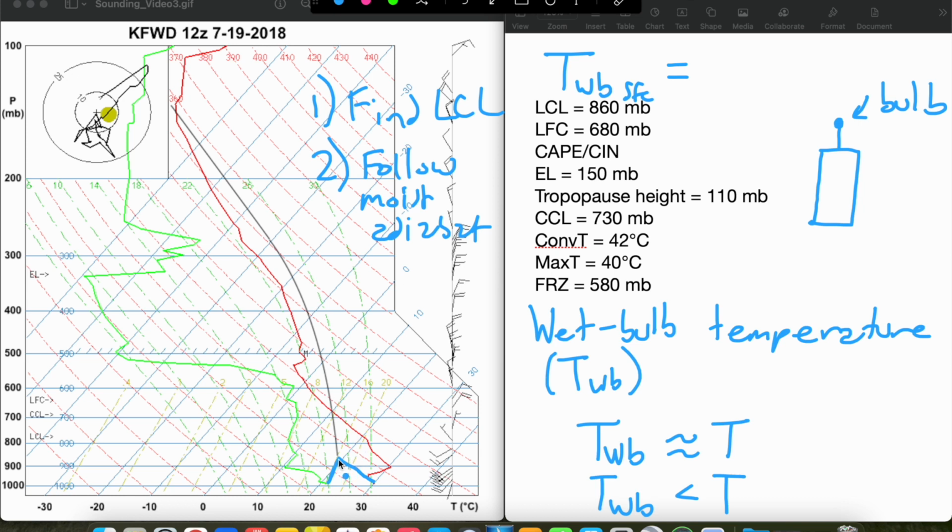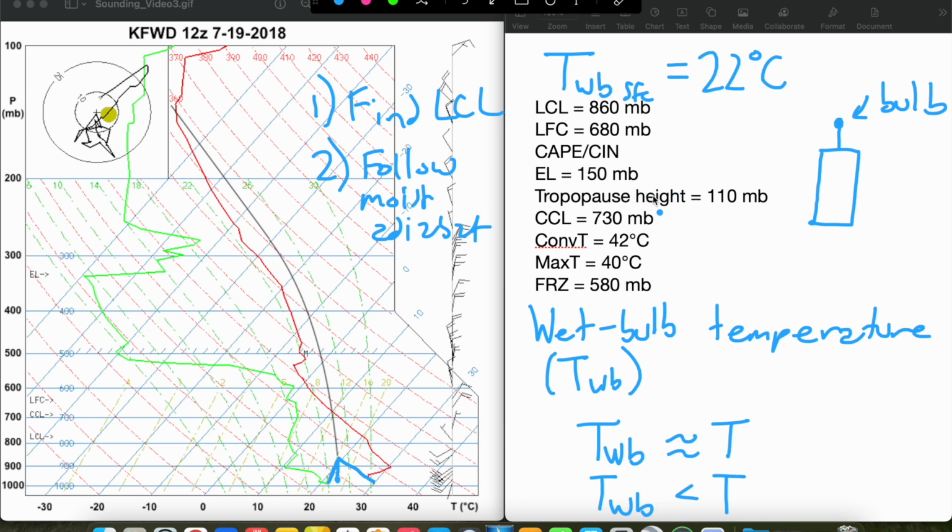We'd follow that back down to the original pressure level. So we go back down here and plot our value, and the wet bulb temperature at the surface would be, let's say, so here's our 20 degree isotherm. Here's 30, so it's pretty close to 20. I would say that's probably 22 degrees Celsius.